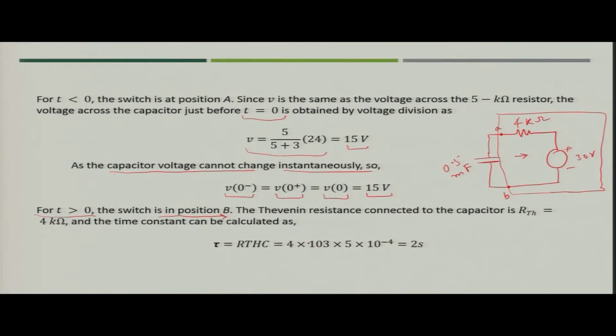So what will happen in that case? Tau, the time constant, is RTH into C, which is nothing but 4 into 10 to the power 3, the value of the 4 kilo ohm resistance, times the value of the capacitor. The time constant tau is nothing but the Thevenin resistance R into C. So RTH you have got, and the capacitance C is 0.5 millifarad, that is 5 into 10 to the power minus 4 farad.